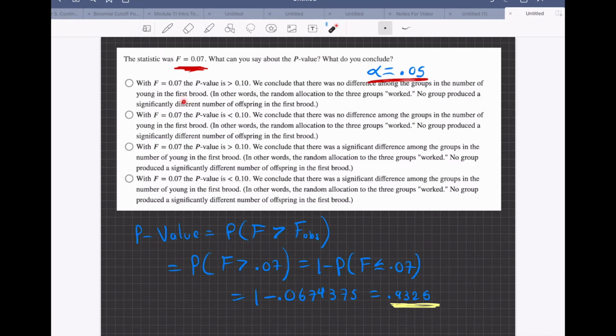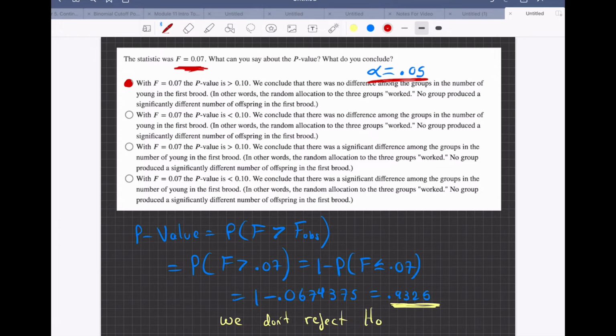The p-value is greater than 0.10. So we don't reject H null. The evidence goes in favor that the means are equal. So there is no difference to conclude they are different.